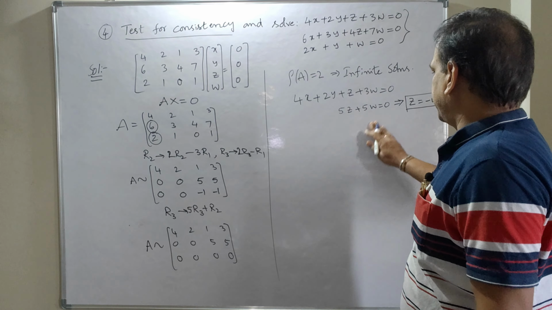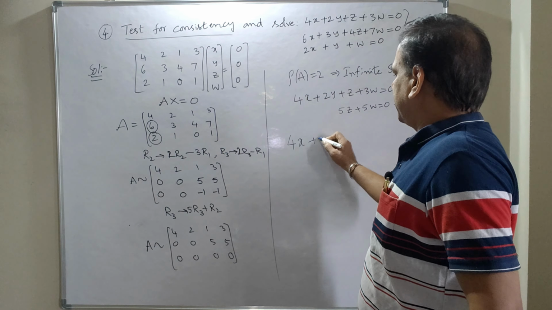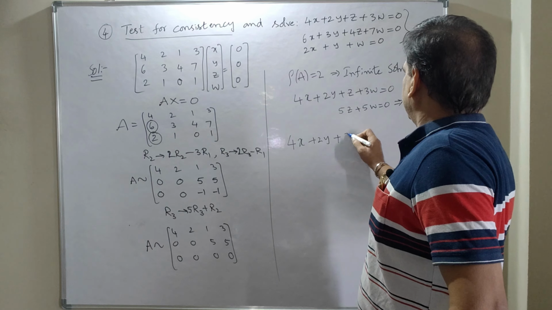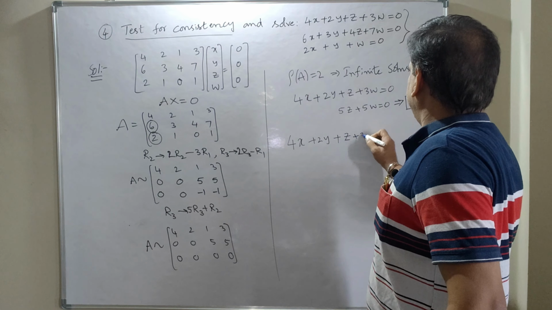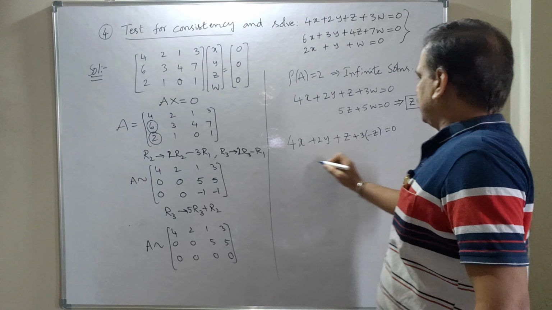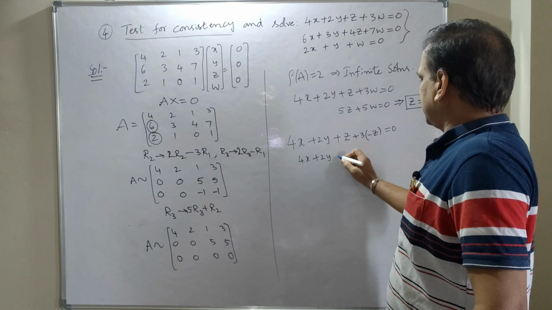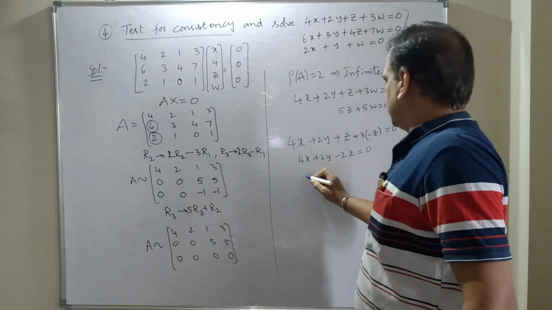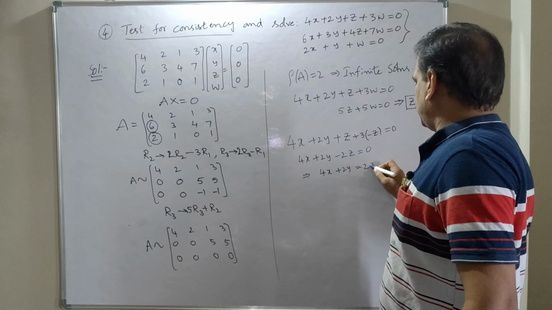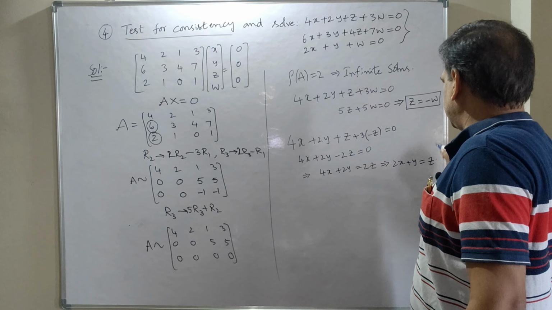You put z equal to minus w in the first equation, you will get 4x plus 2y plus z minus 3z equal to 0. This implies 4x plus 2y equal to 2z, or 2x plus y equal to z.